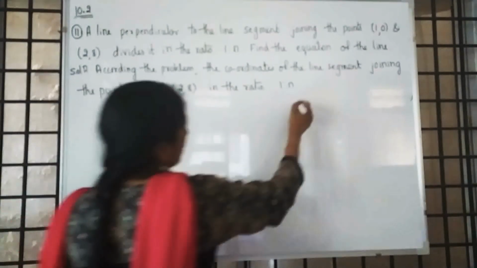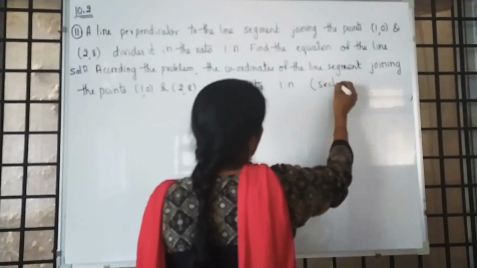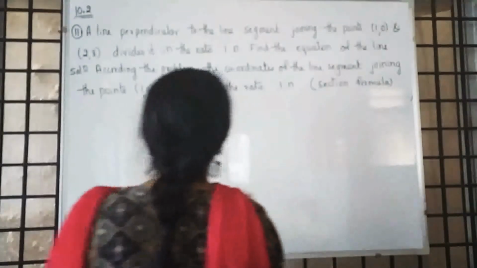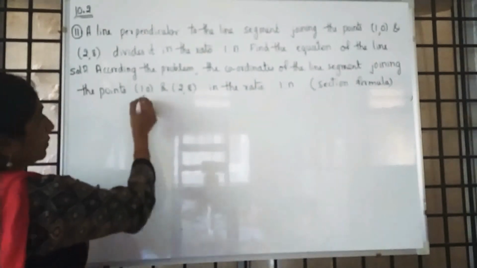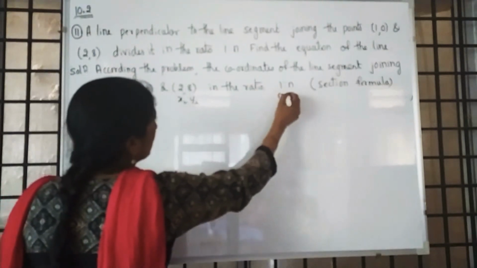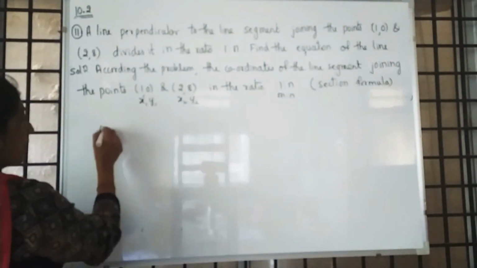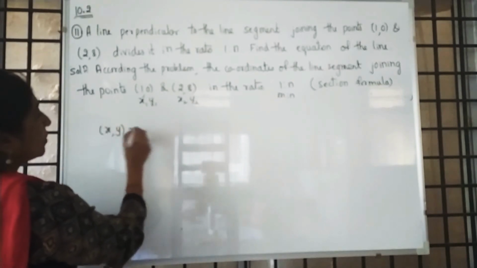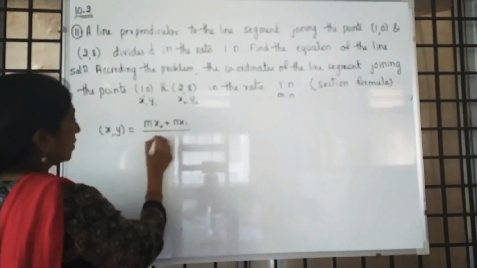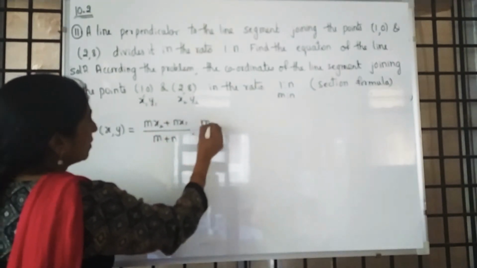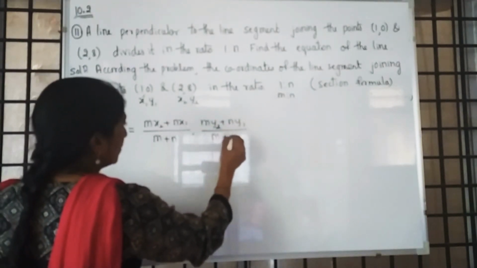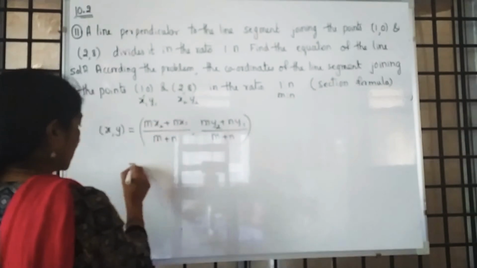Which formula are we using? Section formula. For your convenience I will write the formula also. This is x1, y1, this is x2, y2, this is m:n. (x, y) is equal to (m x2 plus n x1) upon (m plus n), (m y2 plus n y1) upon (m plus n).